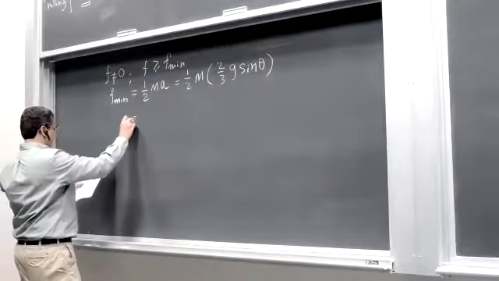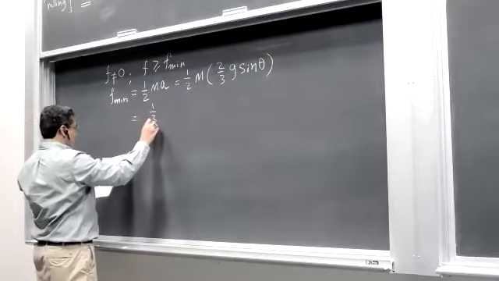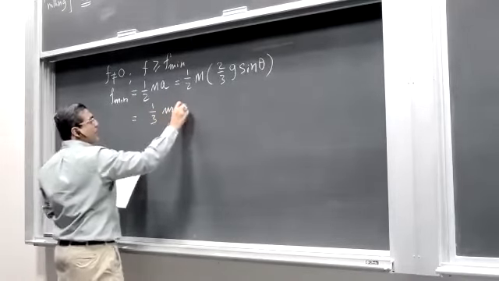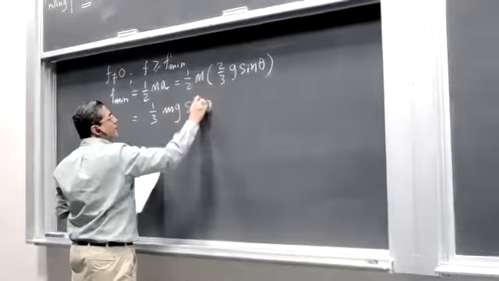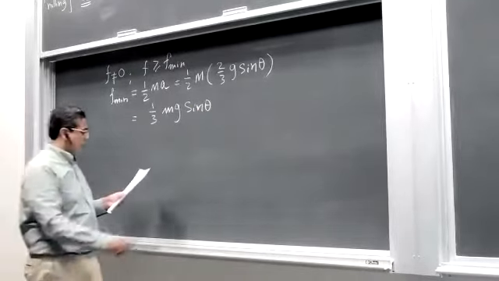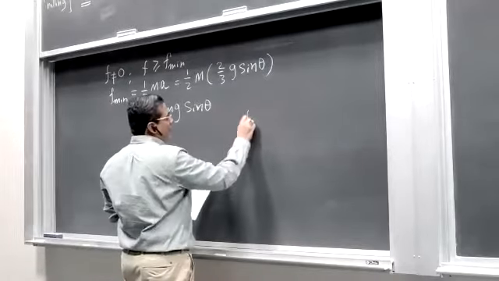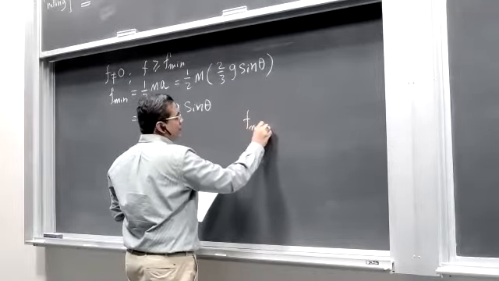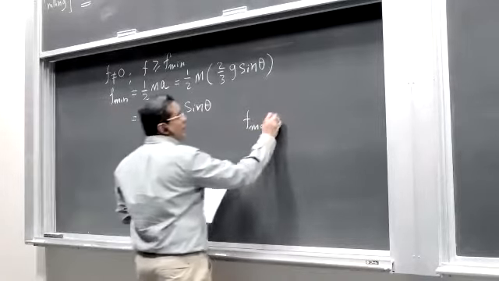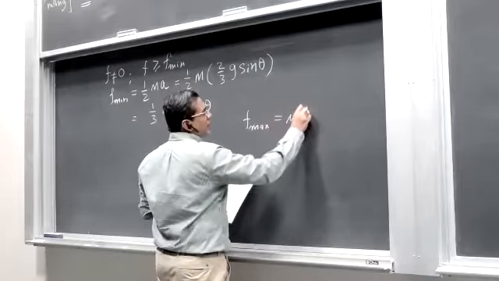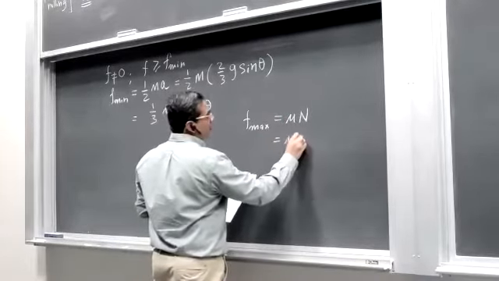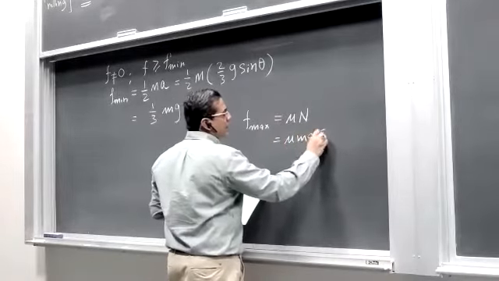So the F minimum turns out to be 1 by 3 mg sine theta. And what is the maximum friction that you can get from a surface? What is the maximum friction? Mu n, right? And that is nothing but mu mg cosine theta.